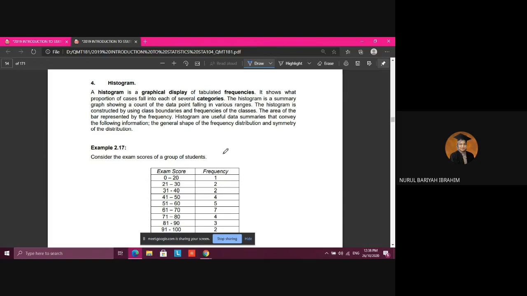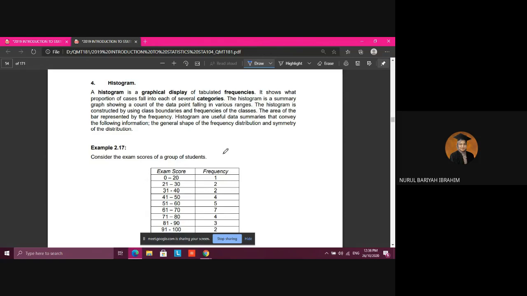From the histogram we can also see whether our distribution is normal or skewed. Other than that, from the histogram, we can also find the value of mode, if you can remember. So it is important for you to know very well how to draw the histogram.